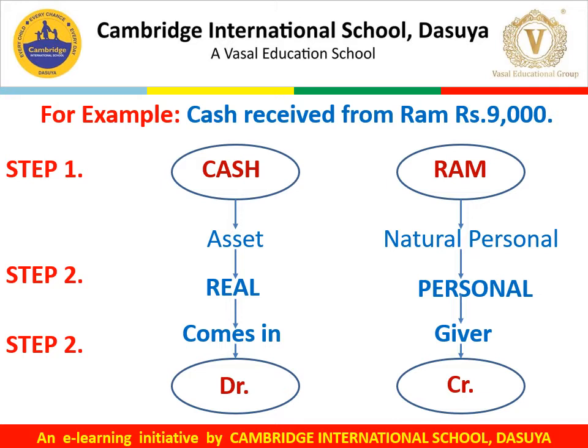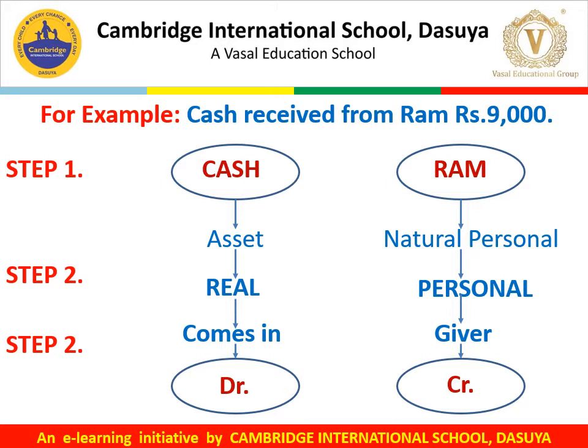Now we'll move to step number 3, where we have to analyze the effect. It is very clear from the transaction that cash is coming into the business, whereas Ram is the giver, meaning Ram gives the money to the business.